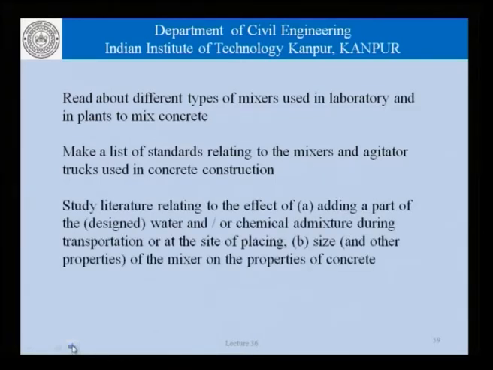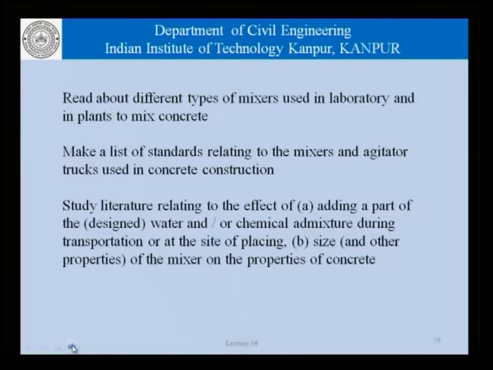You could study literature relating to the effect of adding a part of the designed water, that is what we were talking about in terms of supplementary addition of water at the site, whether it is water or chemical admixtures during transportation or at the site of placing.